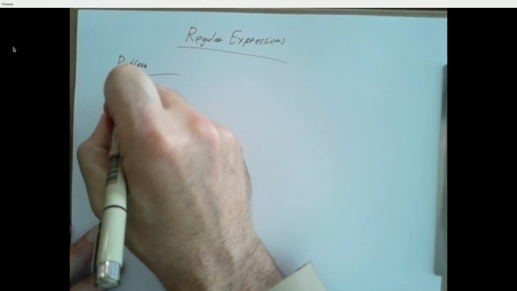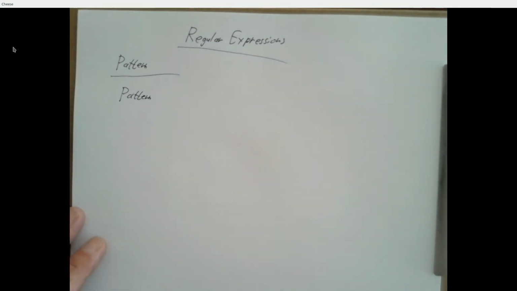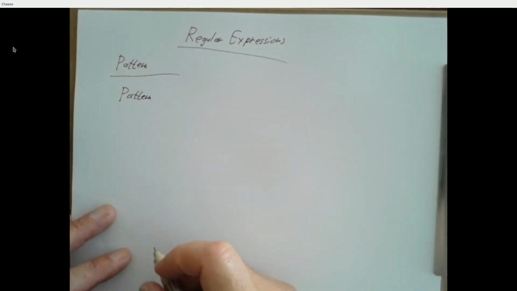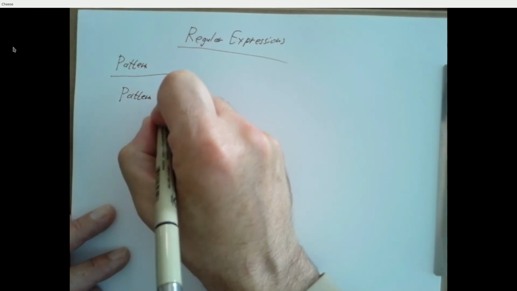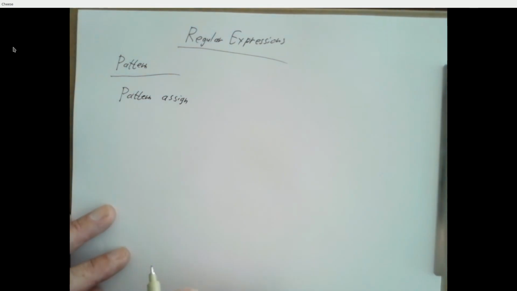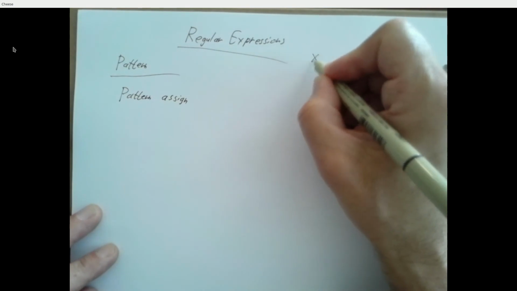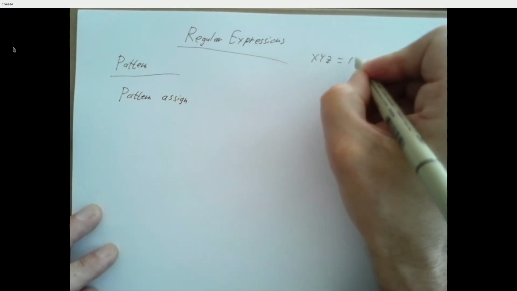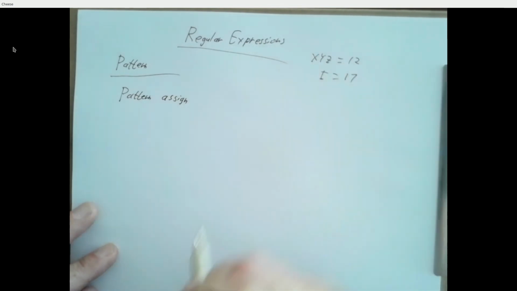So we can do something like Pattern. Let's try to parse an assignment statement. So we want something like XYZ equals 12, or I equals 17.